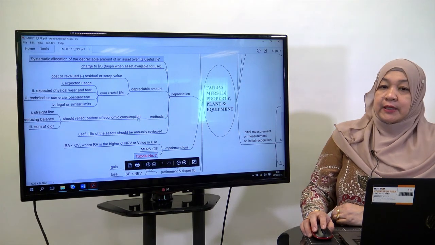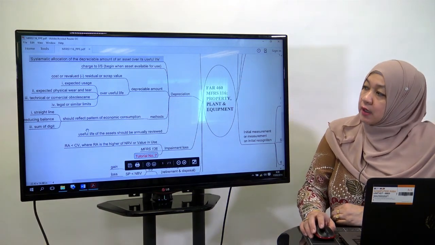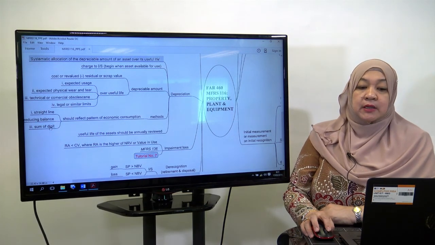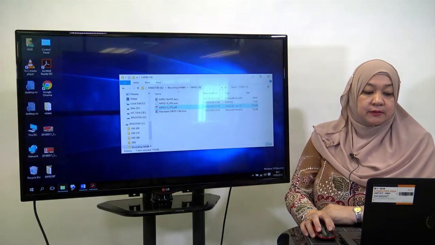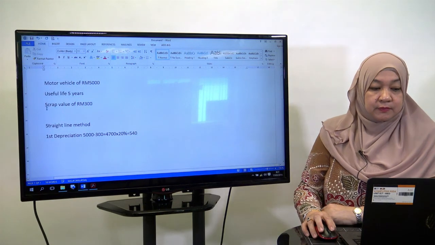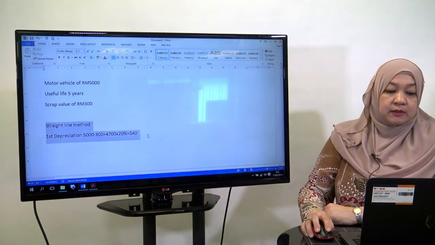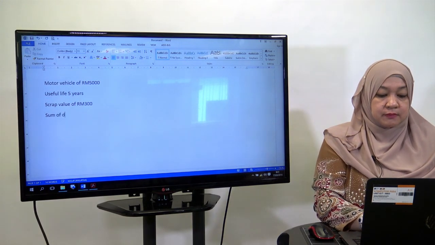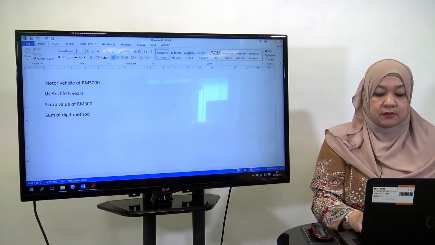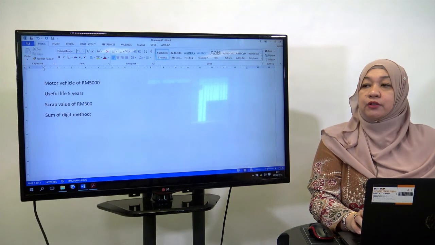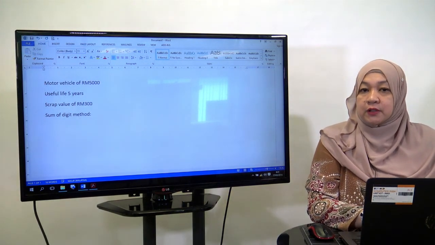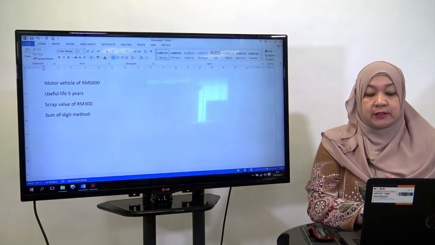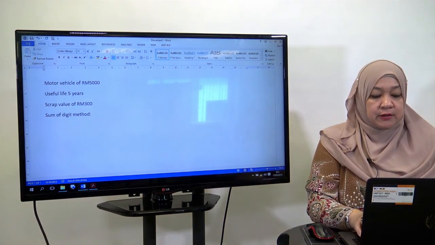The next method that you need to know under this cost is the sum of digits method. Alright. Now the sum of digits method is when they give you a number of years. So let's say that you have 5 years.